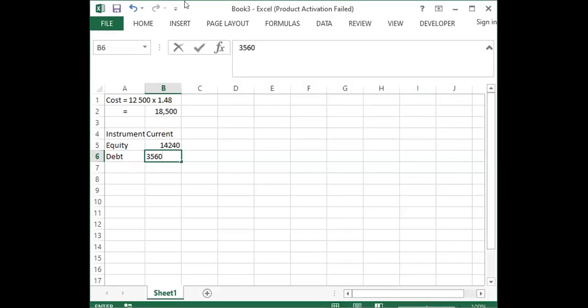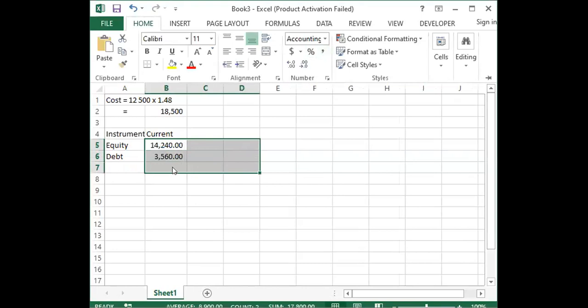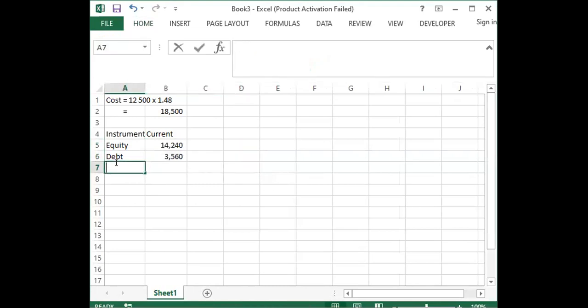I'm simply fetching these from the question paper, right? All right, and then from there, we could as well have a total.